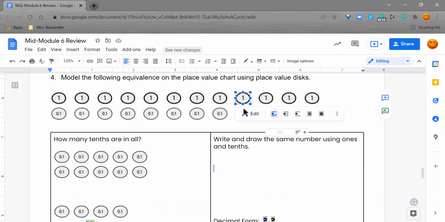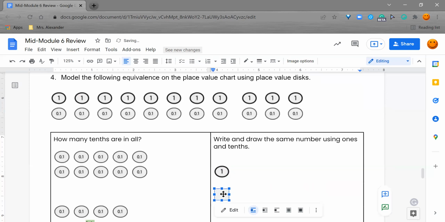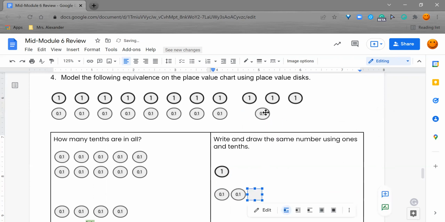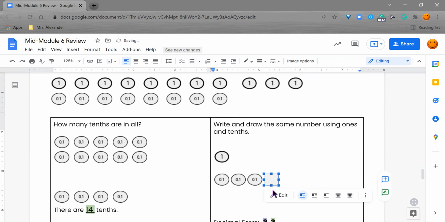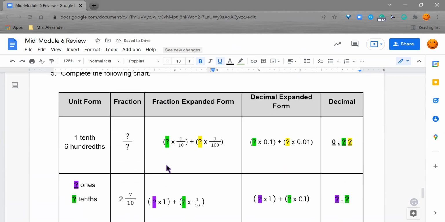So I'm going to take 1 down, and then I need to bring 1 down. 2, 3, 4, which gives us 1.4.